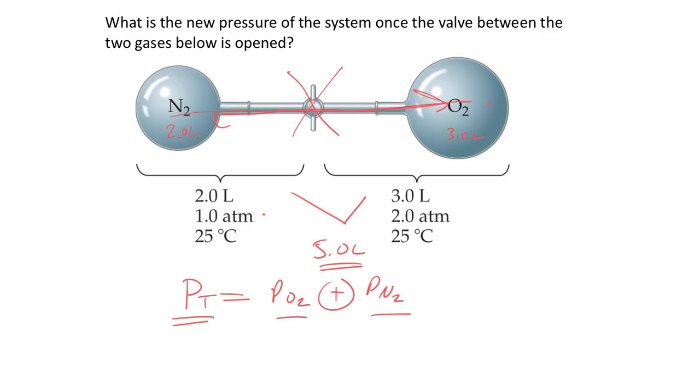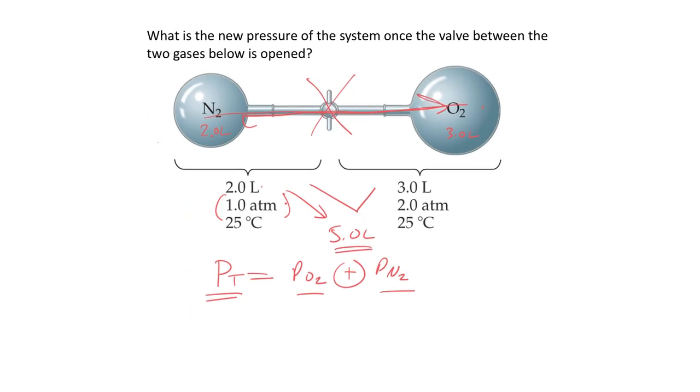The other thought is that when I expand this to 5 liters, the pressure is not going to be 1 atm anymore. So I need to do a P1V1 equals P2V2 expansion for the O2, and do the same thing for the N2. Let's think for the nitrogen. It's going to go from P1V1 equals P2V2, expanding from its initial volume of 2 liters at 1 atm, to now 5.0 liters.